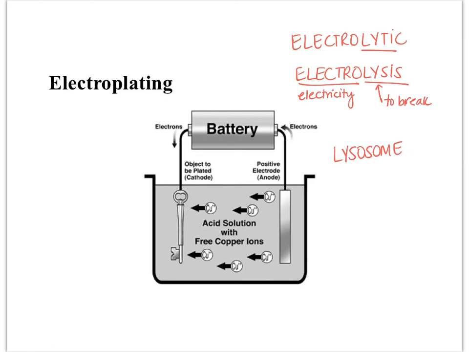You might have also learned about lysosomes. The lysosomes broke down worn out cell parts or toxins. The word lyse means to break. So for electrolysis, you need electricity in order for that breakdown, for that chemical reaction to occur. So there's your vocab lesson.